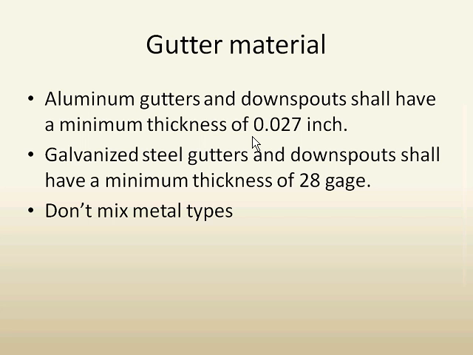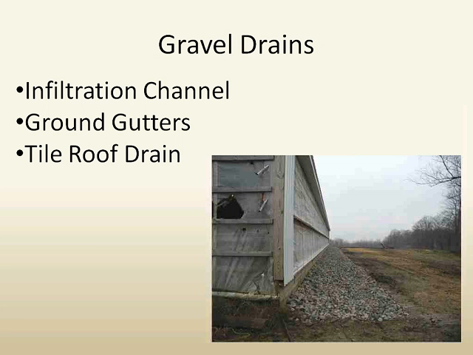But typically, that would be a very pricey gutter, and you would only see that in a special circumstance where you had maybe some agro-tourism going on and somebody wanted to really dress the place up. It's pretty much a residential type of gutter. Vinyl gutters are also out there, but I don't think you're going to see them used in an agricultural setting from the standpoint of lifespan on those gutters, as well as their carrying capacity.